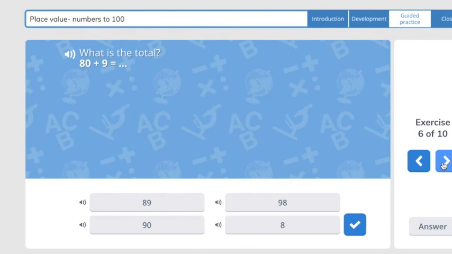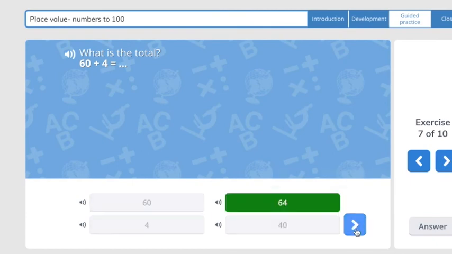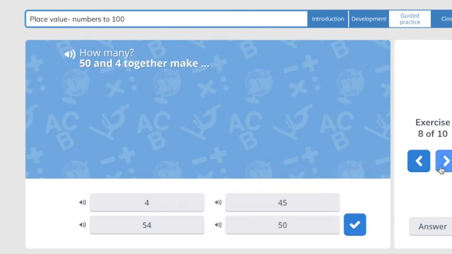What is the total of 80 plus 9? 89. What is the total of 60 plus 4? 64. 50 and 4 together make how many? 54.